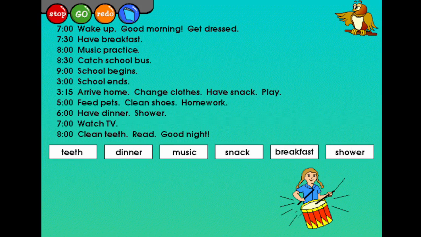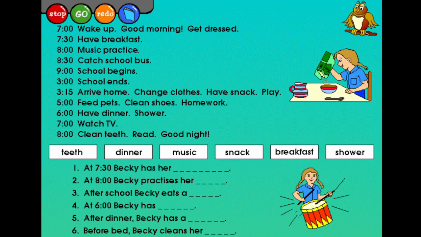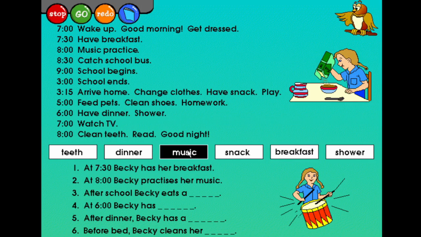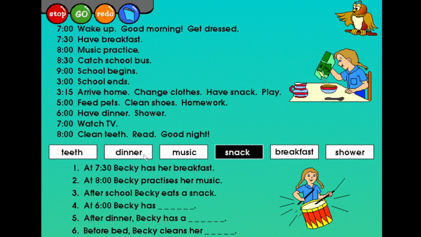Teeth, dinner, music, snack, breakfast, shower. Read these sentences about the story. Click on the word. At 7:30, Becky has her breakfast. At 8 o'clock, Becky practices her music. After school, Becky eats a snack.